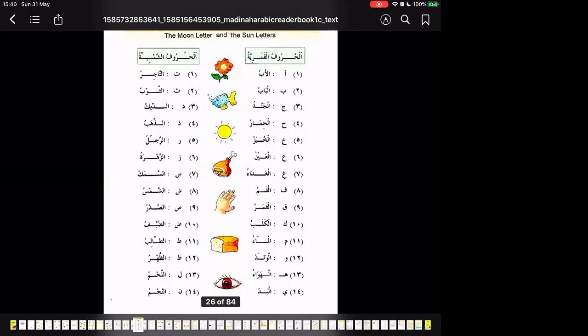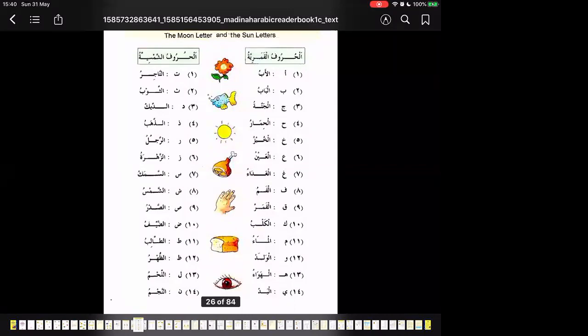Similarly, in Arabic, in huruf al-shamsiyah, which are these 14 letters on the left-hand side: ta, tha, dal, dhal, ra, za, sin, shin, sad, dhad, ta, dha, lam, and nun. Whenever they are preceded by a lam, then the lam will become silent, just like the G is silent in eight.